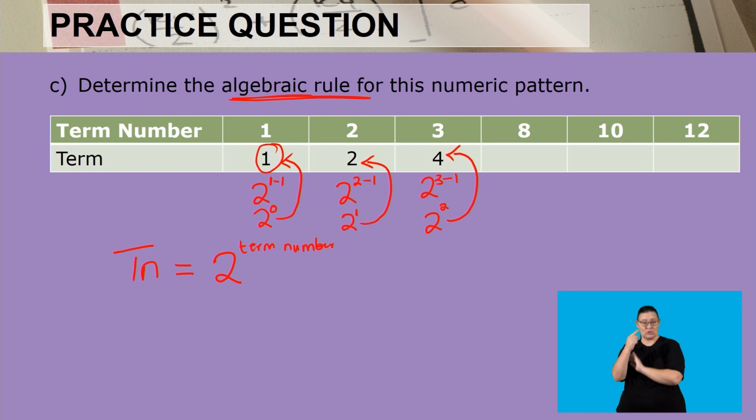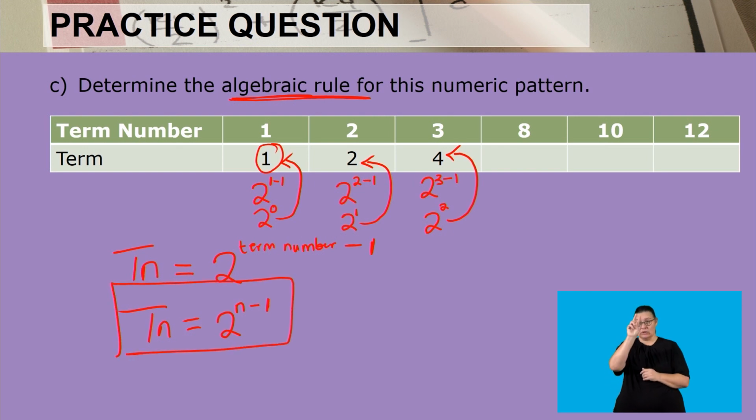So what would our rule be in this case? Well, our rule would be the constant ratio of 2, and as an exponent we have the term number, and from the term number we minus 1. So that would be a 2, and we have n minus 1, and that is our rule.